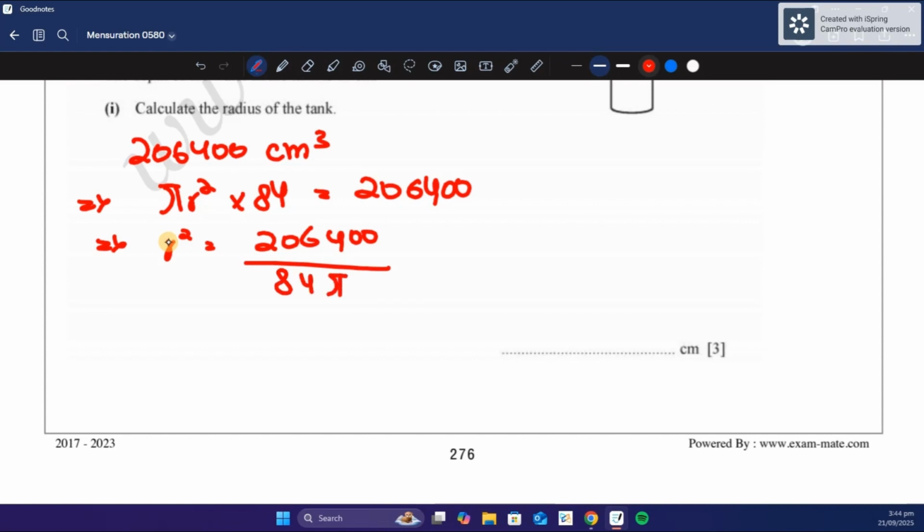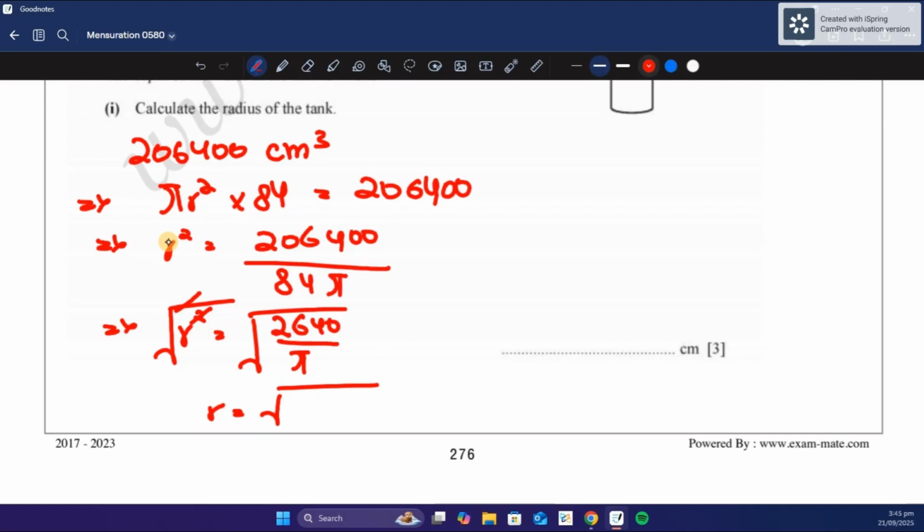That would give us r squared equals 2640 over pi, and taking root on both sides, this should give us root 783.1, resulting in a final answer of 27.98, and you could simply round this off to 28.